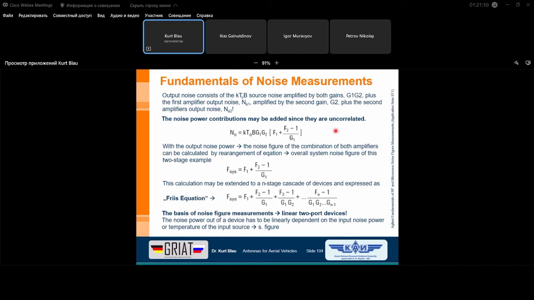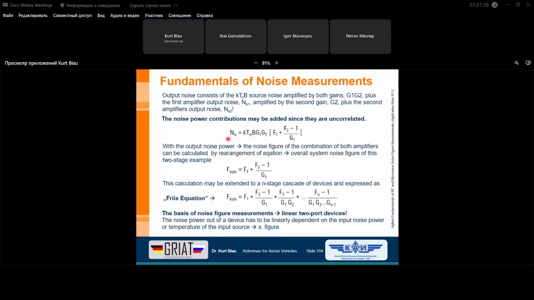As long as the noise sources are independent from each other, then we can apply this formula, and also we can add the noise power 1 and noise power 2. Again, the main point is that the noise sources have no correlation to each other. This is very important, otherwise this formula is no longer valid.